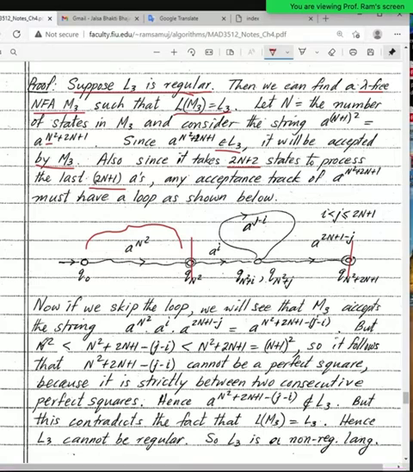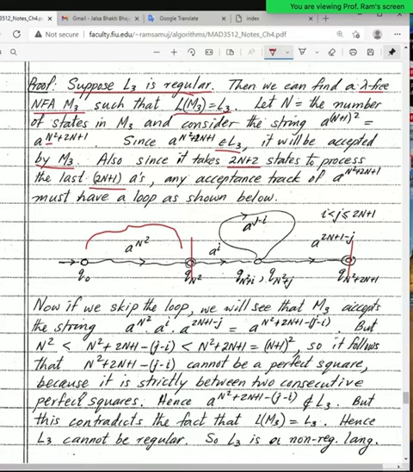But n squared is less than this because this is a positive number. And j and i are both small numbers because they are less than 2n plus 1. So j minus i will be smaller than 2n plus 1. And then this is less than n squared plus 2n plus 1 because it has this minus amount here.